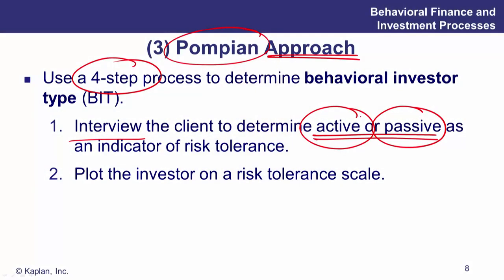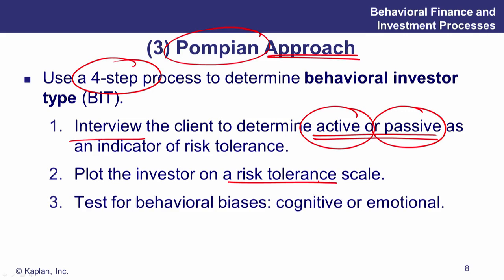The second step in this process is to plot them somewhere on that risk tolerance scale. All right, they're either right at the far end of the active spectrum, or the other end, passive, or they're somewhere in the middle. And then you're going to test for behavioural biases.